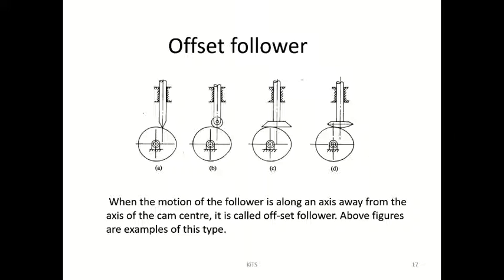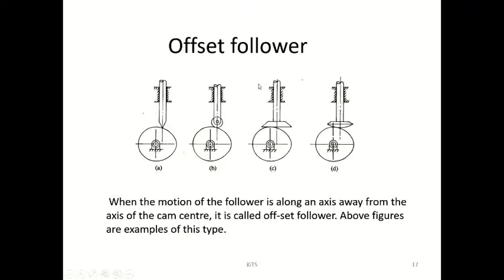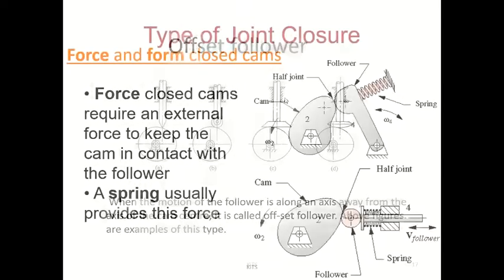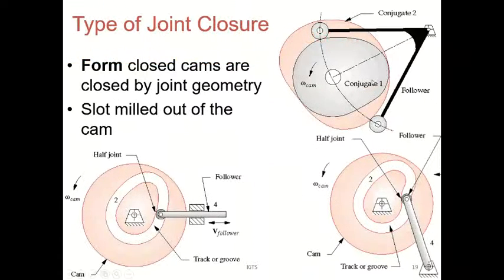We saw this in the first lesson itself. But in this case, because of the spring force, it is returning back to its original position, so it is called a force closed pair. Previous case, self closed pair. Here, force closed pair. Now the third category.